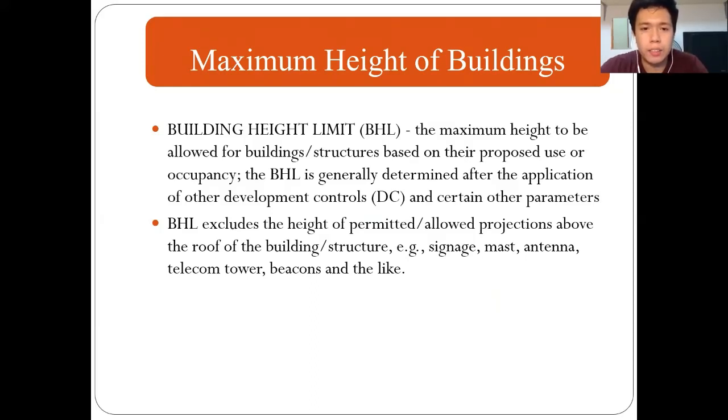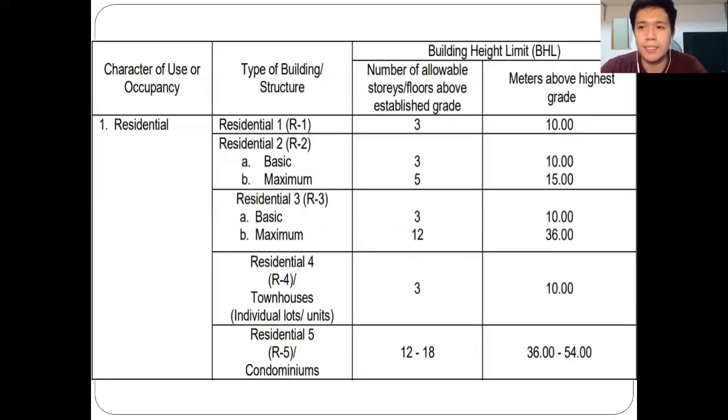BHL excludes the height of permitted allowed projections above the roof of the building structures. Examples are signage, mast, antenna, telecom tower, beacons, and the like. Please refer to this table for the building height limit.